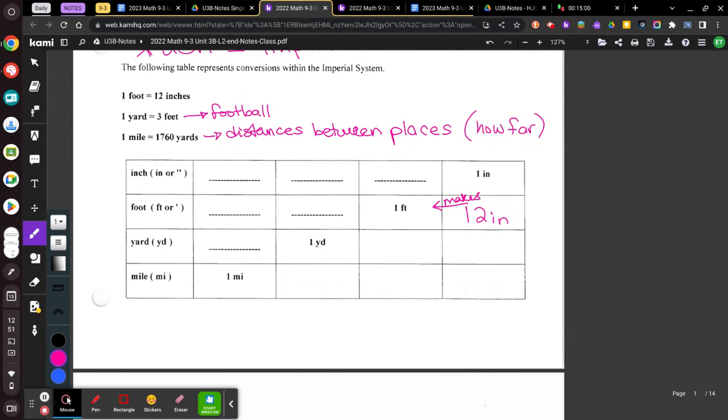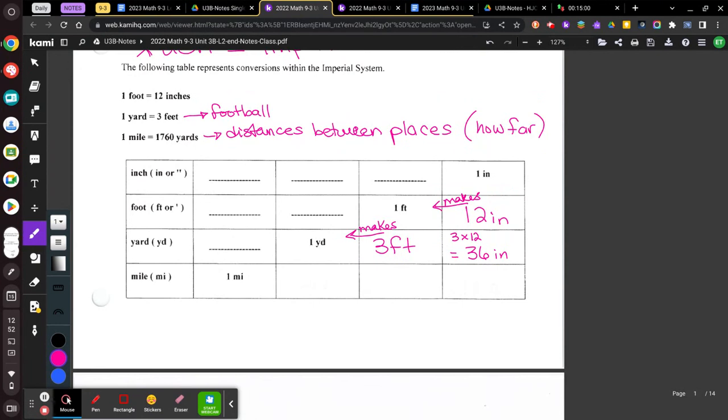Then for yards, we say 3 feet make 1 yard. And if I know 12 inches make a foot, I'm going to take 3 times 12, and that's going to give me 36 inches in 1 yard. So 3 feet times 12 inches.